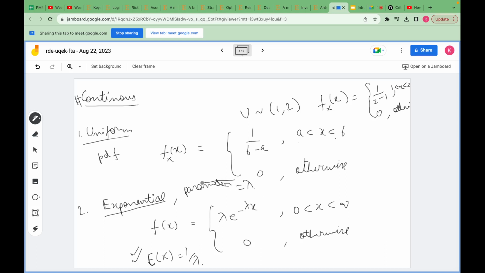Sometimes we are given the parameter as lambda, and sometimes we are given the mean of the exponential distribution, so the mean is 1 upon the parameter, or vice versa. It is very important to keep in mind that the parameter is equal to lambda and the mean is equal to 1 upon lambda.